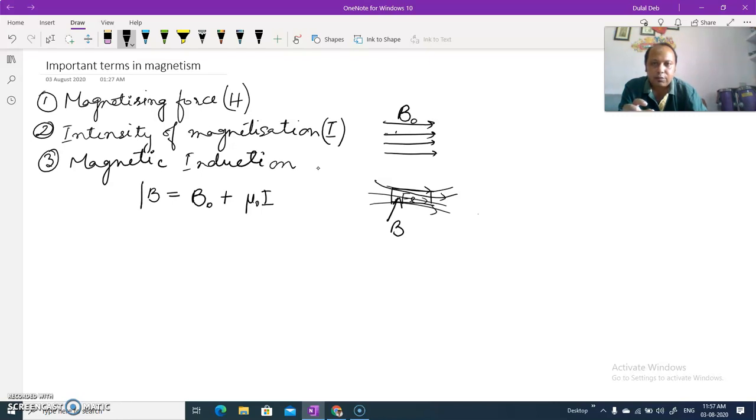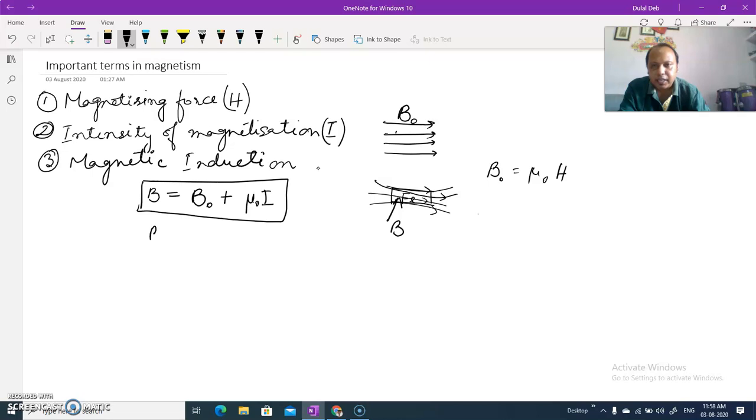So the value of magnetic induction at a particular place, when we keep the magnetic material there, will be given by B is equal to B naught plus mu naught into I. We have already seen that B naught can be written as mu naught H in terms of magnetizing force.